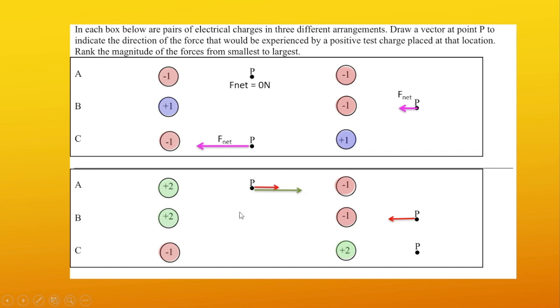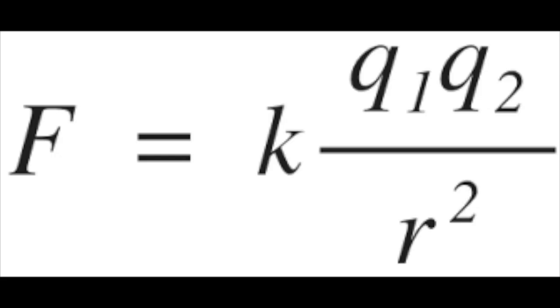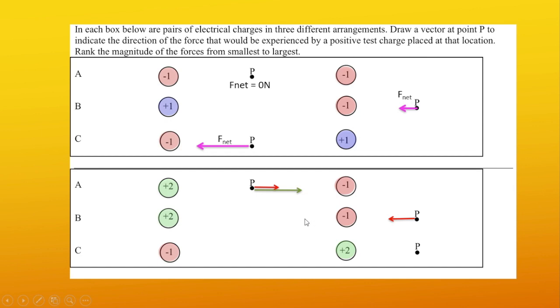So because it's so far away, and because we know Coulomb's Law, which is F equals K times Q1 times Q2 divided by R squared, we know that R impacts the force a lot more than charge does. Therefore, we're going to have a force that points to the right, and it's going to be smaller than our force that points to the left. Even though we have more charge here, our charge is very far away.